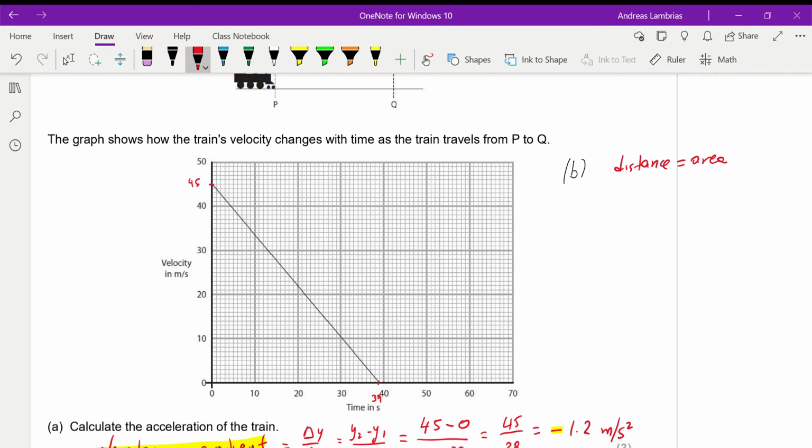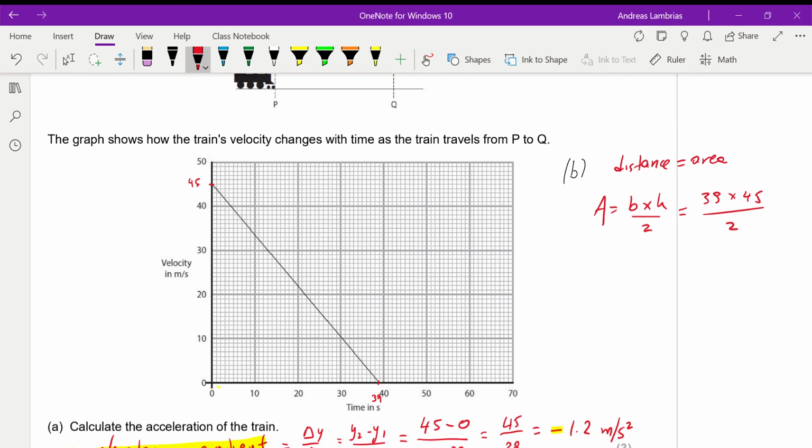So how do I find the area of a triangle? It is base times height divided by 2. So the base is that, the height is over this one. I substitute the numbers: base is 39, height is 45, same numbers I've used before, divided by 2.